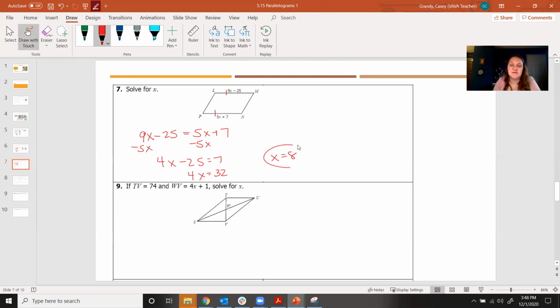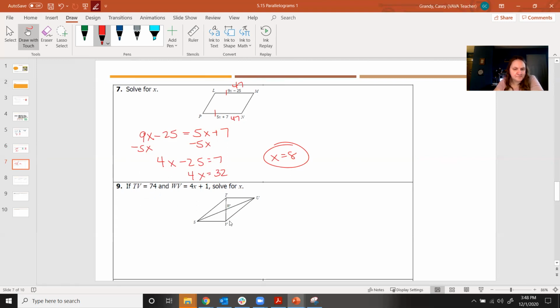X equals 8. To double check your work, you could plug this in. 9 times 8 minus 25, so LM is 47. 5 times 8 plus 7 is 47. They are indeed equal, so we did this correctly.